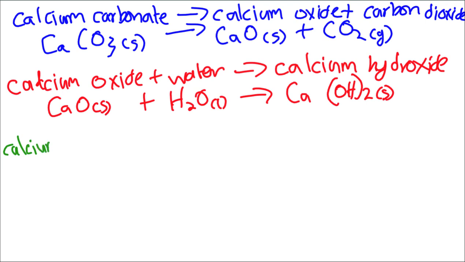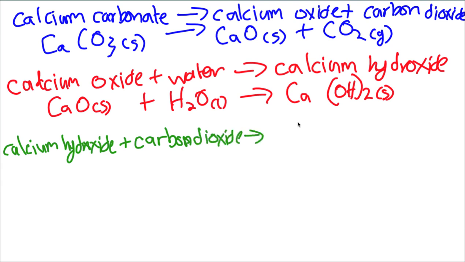Calcium hydroxide, we're testing for carbon dioxide, so that's going to be the reactant alongside calcium hydroxide. So carbon dioxide. You produce calcium carbonate and water. So that production of calcium carbonate is the reason why you get that milky appearance to it.